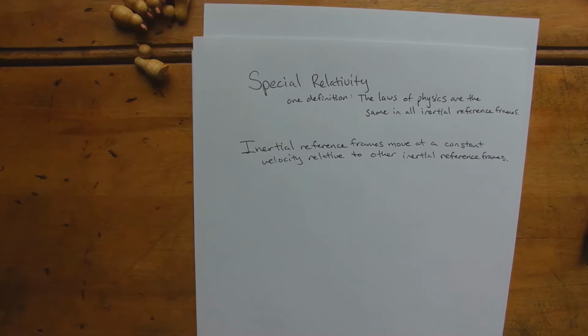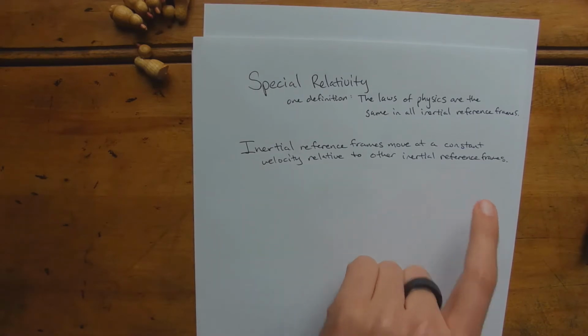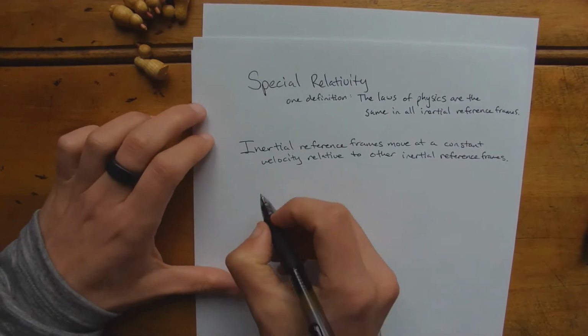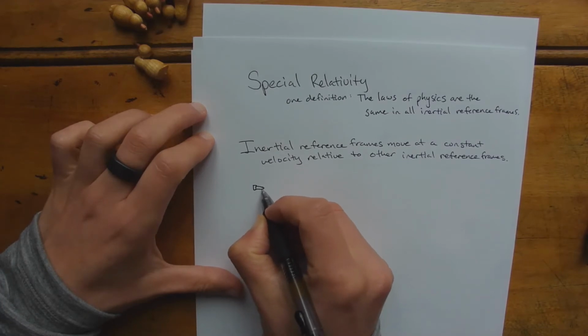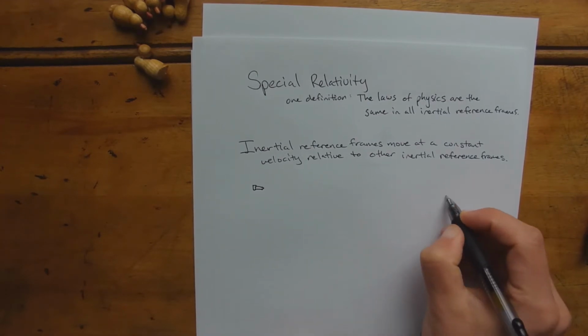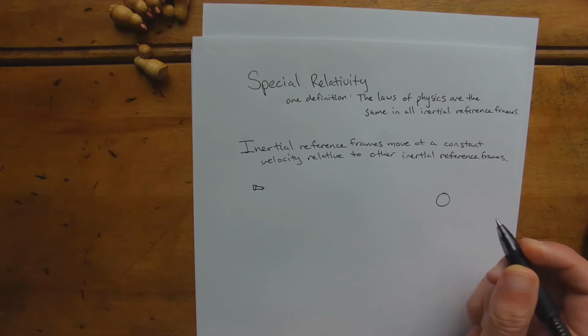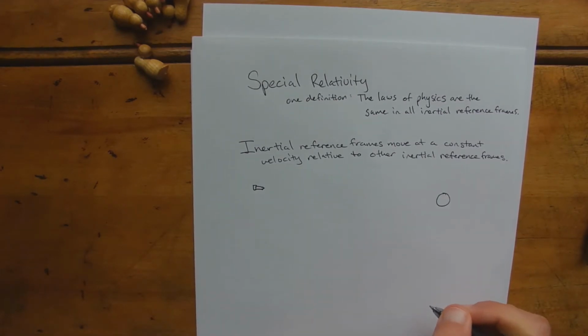The other inertial reference frame which we're going to consider is Earth itself. However, we know that inertial reference frames move at a constant velocity relative to other inertial reference frames. So if you have your spaceship out here, which is just sitting there, not doing anything, really far away from all large massive objects, and then you have the Earth over here, is the Earth moving at a constant velocity relative to the spaceship?